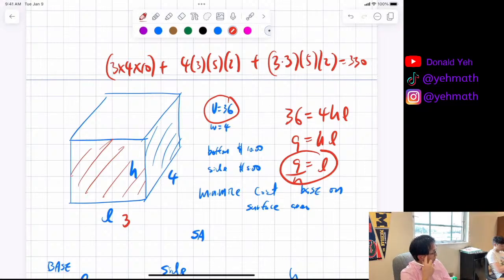No, your length is long. So 4, 8, and then it's 12. I mean, it doesn't matter.